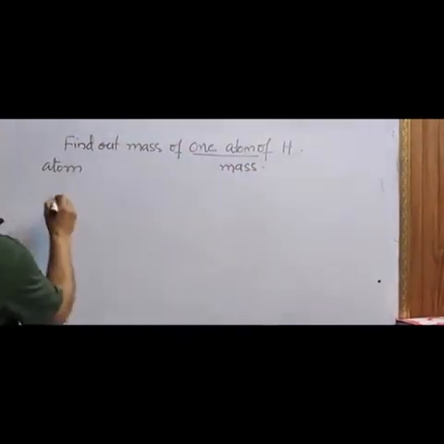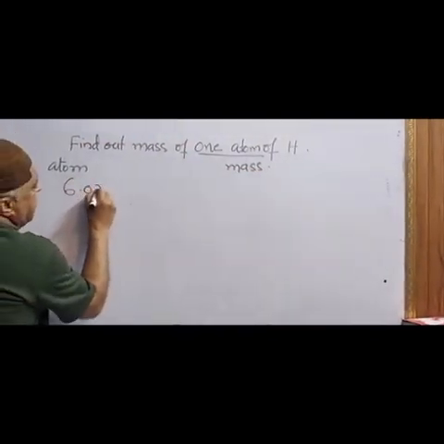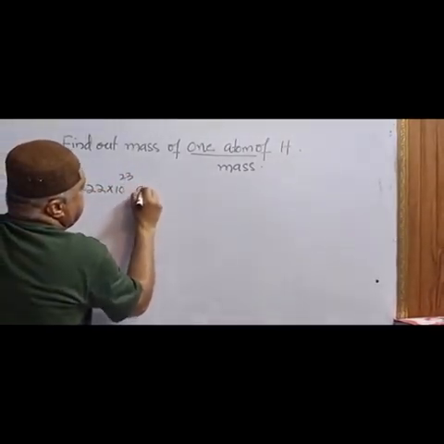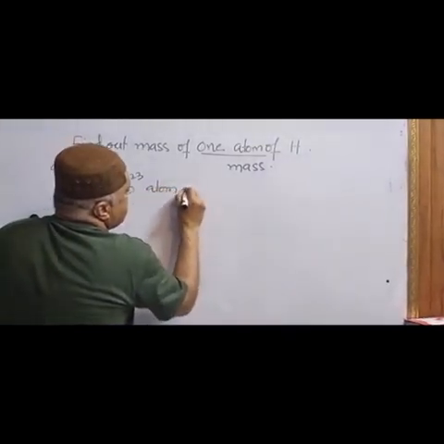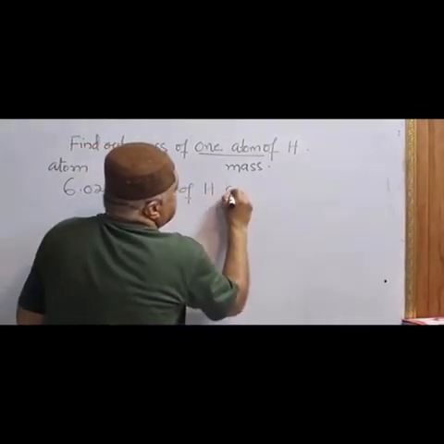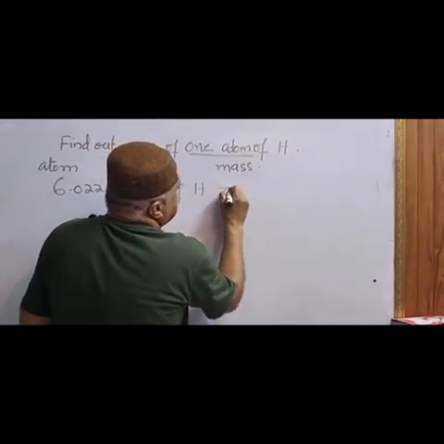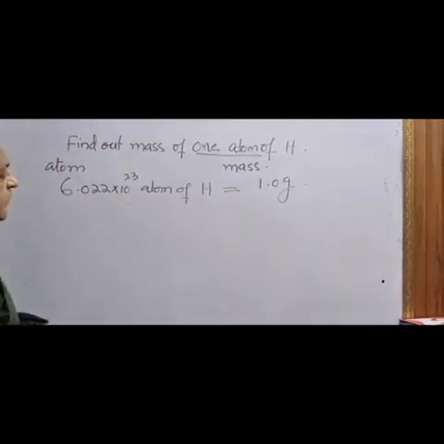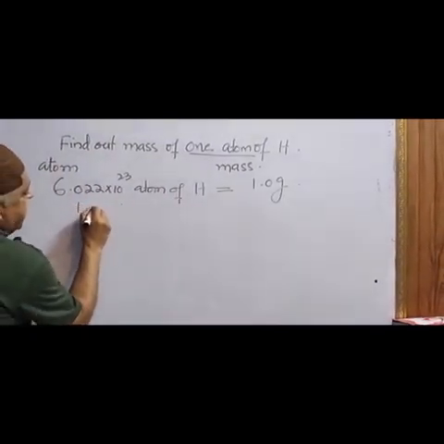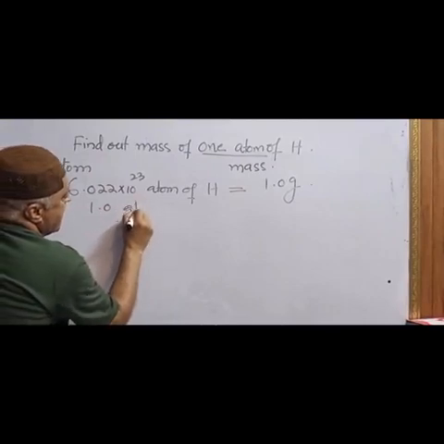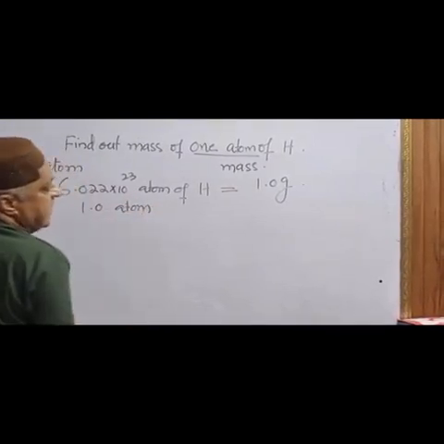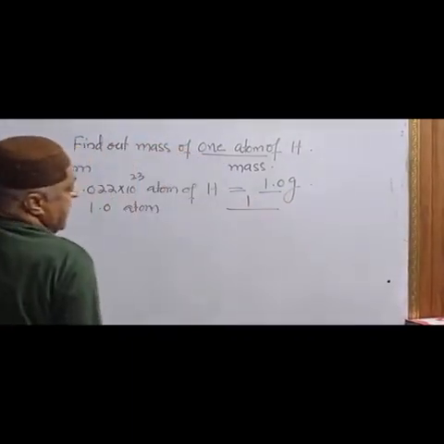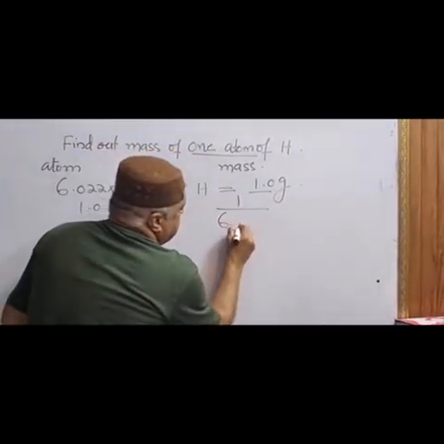First of all, the known statement is that 6.022 into 10 raised to power 23 atoms of hydrogen are equal to 1 gram. Take the answer of one atom. We write this value in the numerator and this value in the denominator.